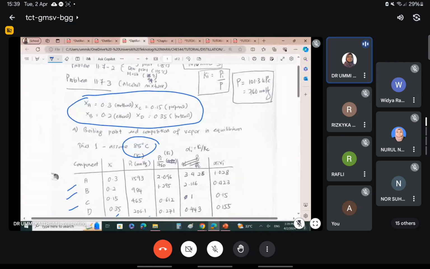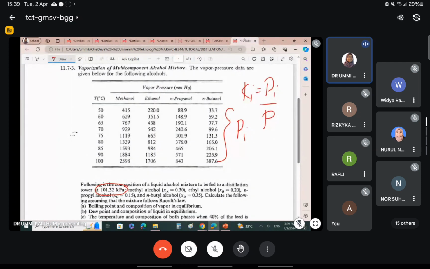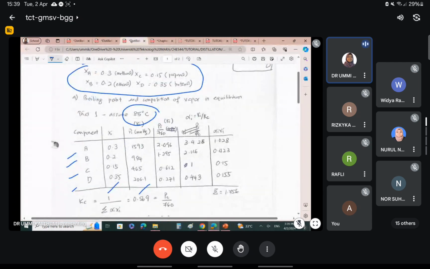Pi pada temperature 85. Kita tengok balik pada temperature 85 ni, vapor pressure dia berapa? Okay, ini adalah Pi, vapor pressure for the component at 85 degree C. Kita tengok dekat table tadi.